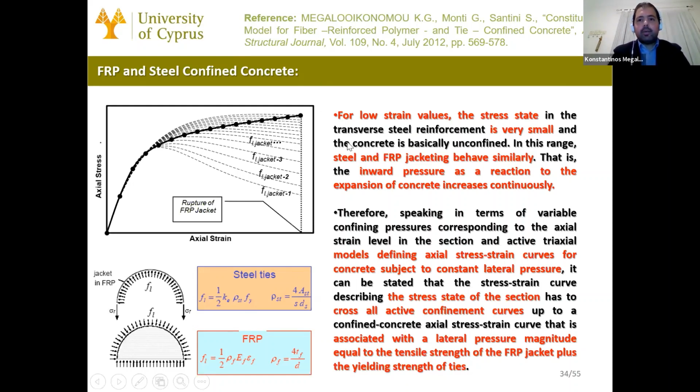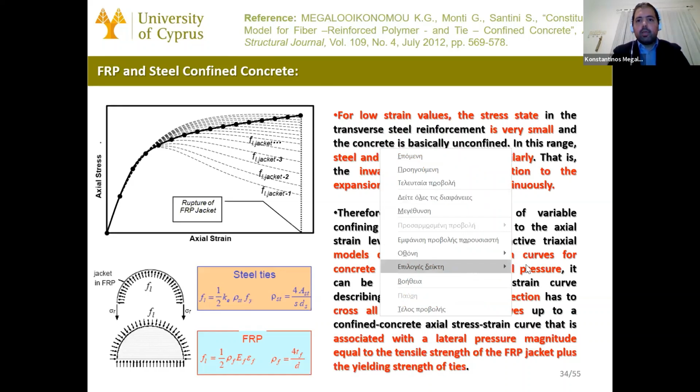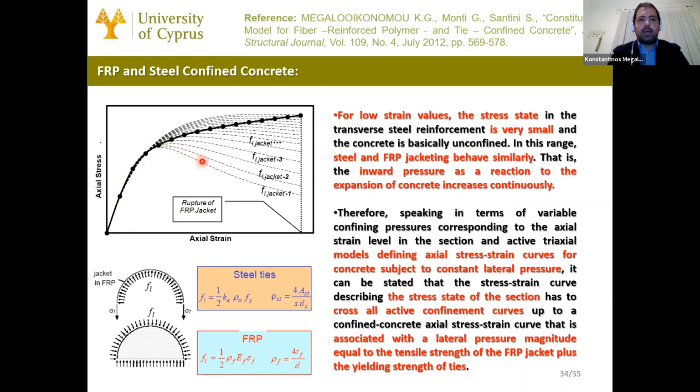And you can see here, one moment. You can see here that you have one axial stress strain curve for each pressure, and by increasing that, you have a group of axial stress strain curves, and the actual one that describes the FRP-confined concrete behavior takes points depending on the level of axial strain and the level of the lateral pressure from these curves, defining the actual axial stress strain curve of FRP confined concrete.